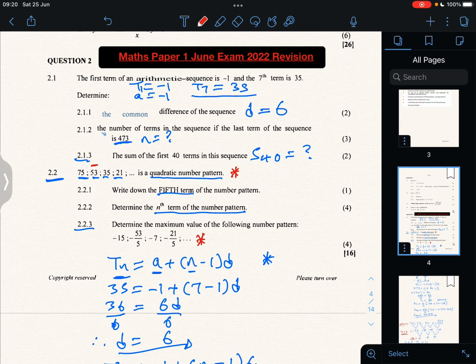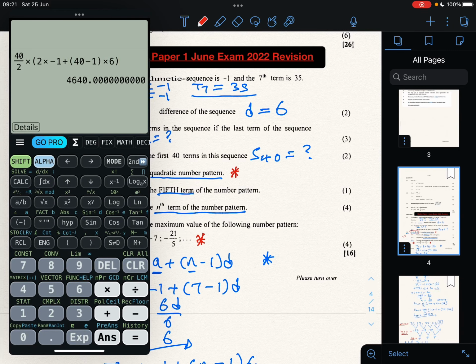The next term is negative 7, while here on question 2.2 we have a 35. And lastly we have negative 21 divided by 5, while here we have a 21. So you can see that this term here was divided by negative 5 to produce this general sequence. So each term in this general sequence above here was divided by negative 5.